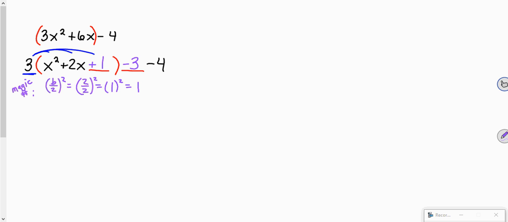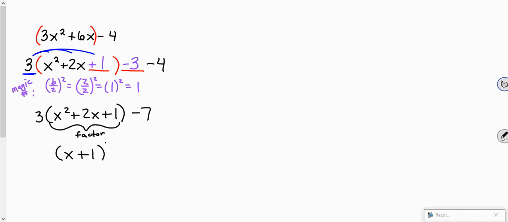Okay, so what does this give me? This gives me this so far. Now, this right here needs to be factored. This is where my perfect square trinomial is. So how does that factor down? This factors down to x plus 1 squared.